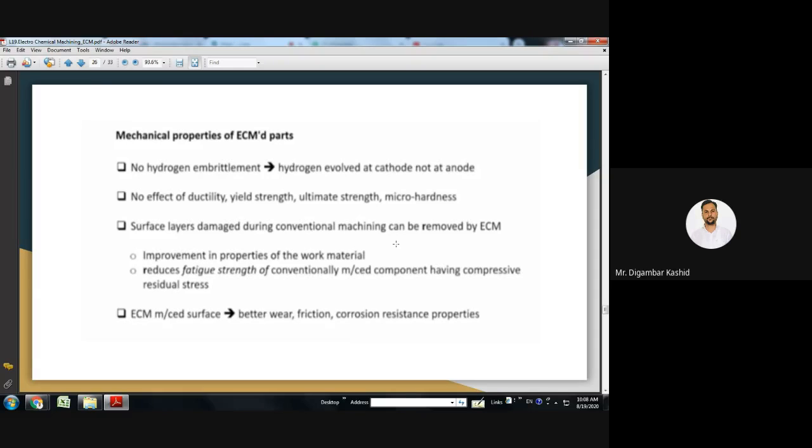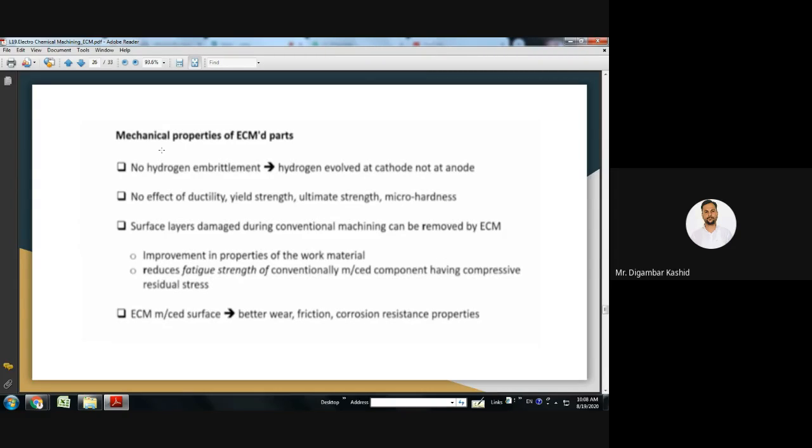Normally, hardly any evidence is available about hydrogen embrittlement of the machined component. I repeat, hardly any evidence is available about the hydrogen embrittlement.